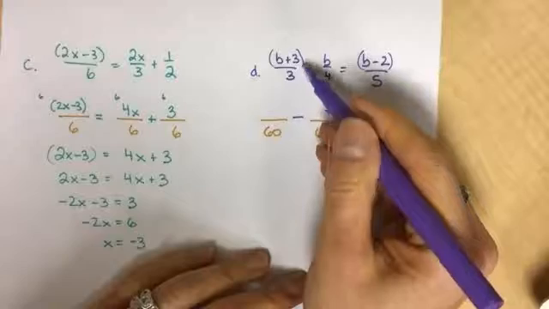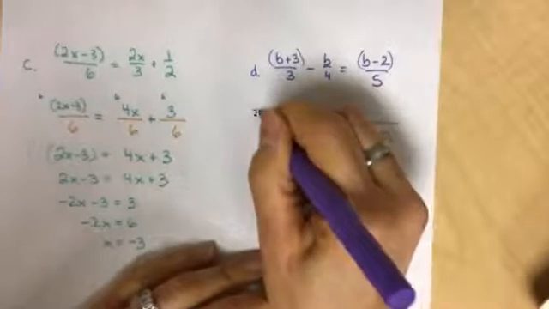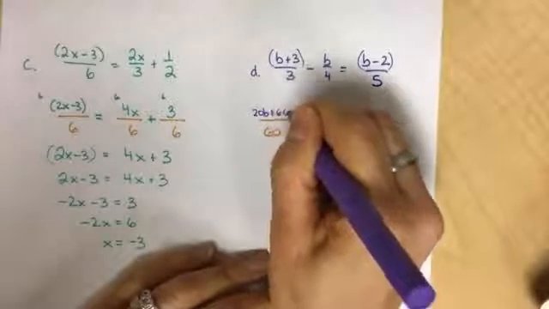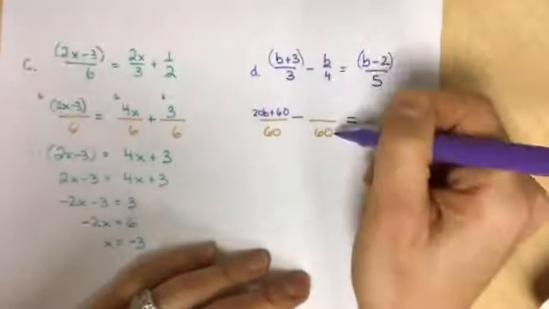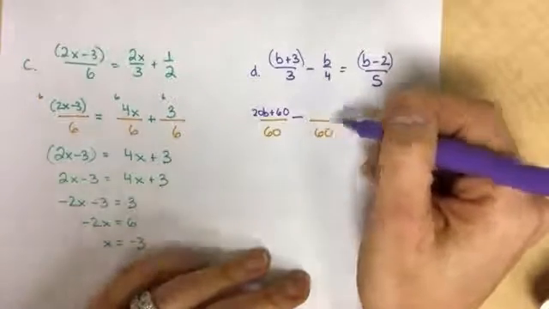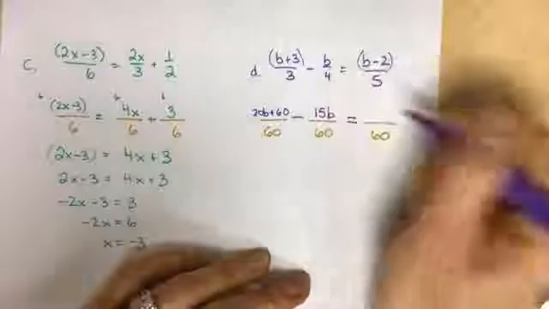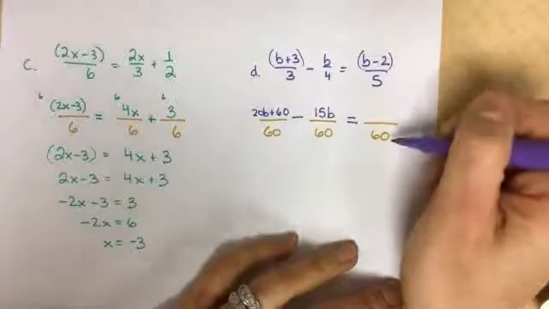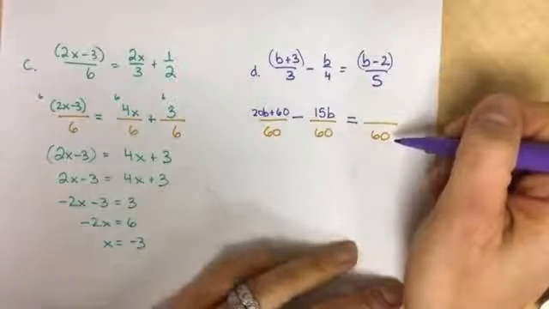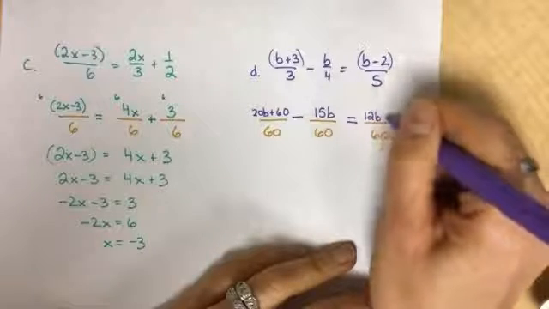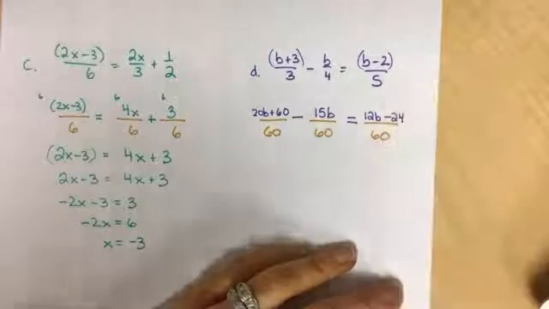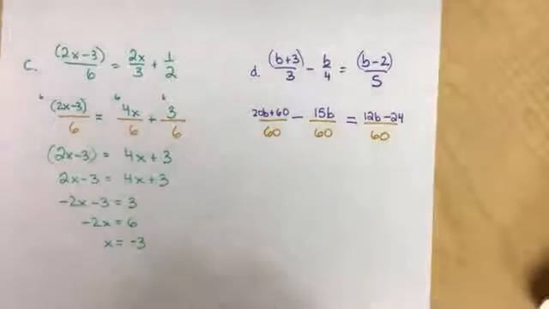That means I have to multiply that whole numerator by 20. 20b plus 60. To turn 4 into 60, I have to multiply by 15. So that's a 15b. To turn 5 into 60, I have to multiply by 12. So I have to multiply everything by 12. That's 12 times b minus 2 times 12.